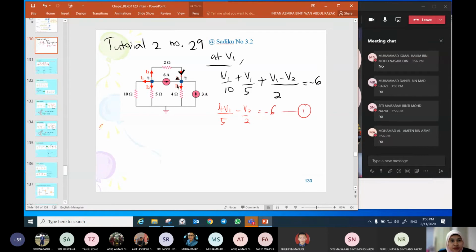At V2, V1 minus V2 divided by 2 plus 9 equals V2 divided by 4, right? Rearrange.